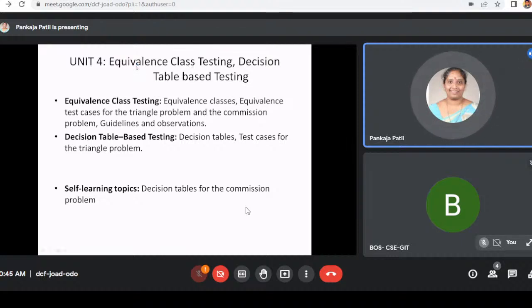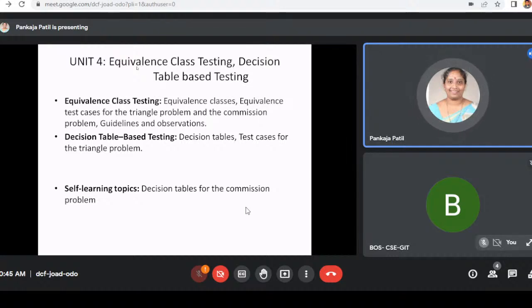So given any problem, you need to find out whether it belongs to equivalence class testing or boundary value analysis testing. So the grading example consists of both the testings, because we need to fix the boundary values. 0 and 100 are the boundary values. We need to carry on the test against those boundary values, as well as we need to write the equivalence class testing test case table.